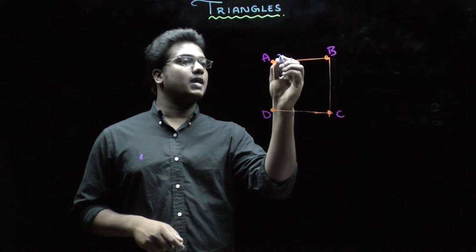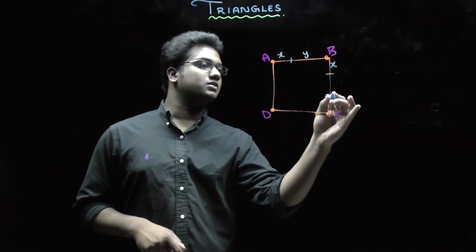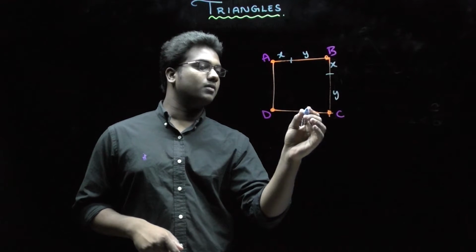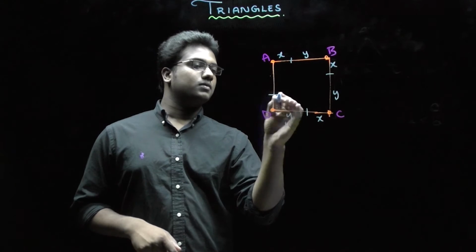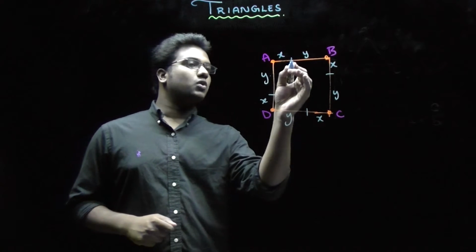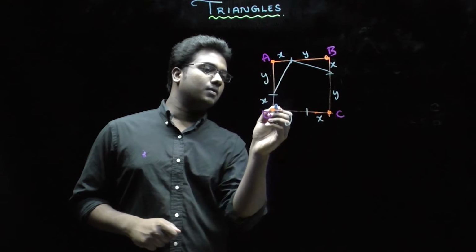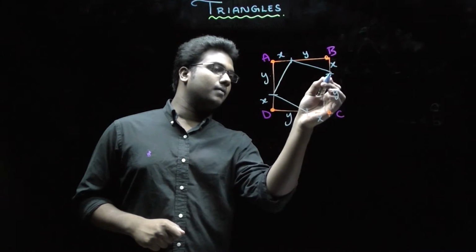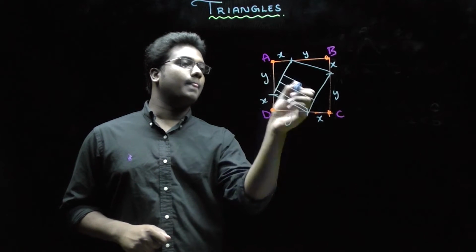Suppose this is X, this is Y, this is X, this is Y, this is X, this is Y, this is X and this is Y. Okay. And if you join all these points, you will get a square.